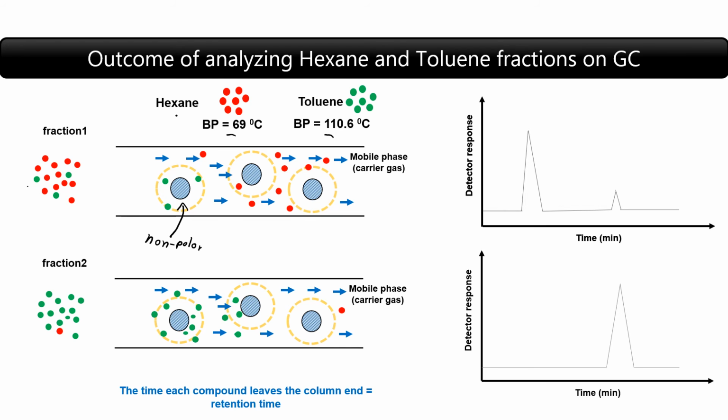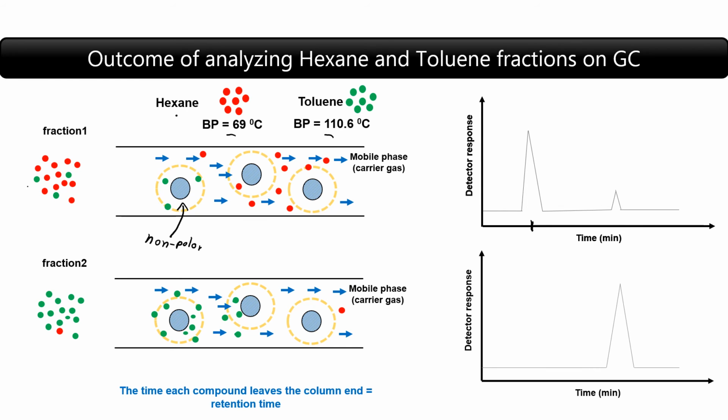Since hexane has a lower boiling point, it's going to be present as a vapor more than mixed with these liquid layers, so it's going to move faster with the mobile phase, and it will elute out of the column at an earlier time point.